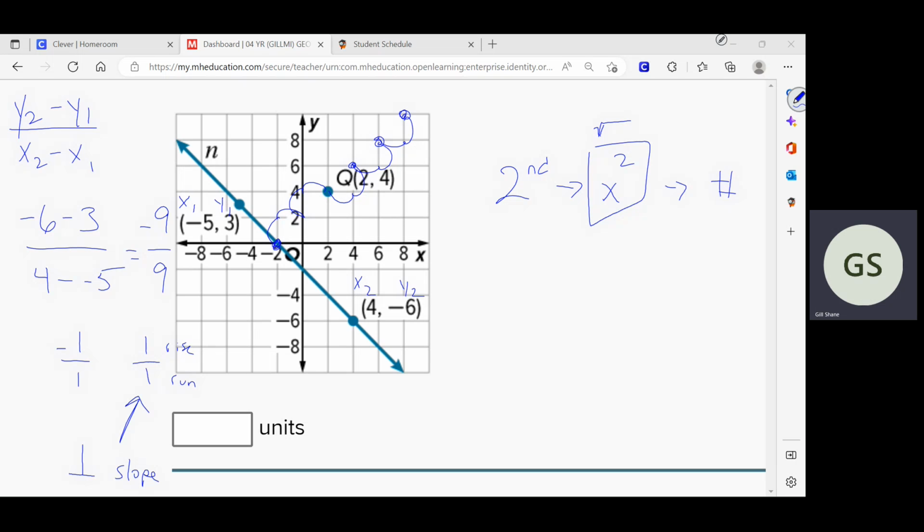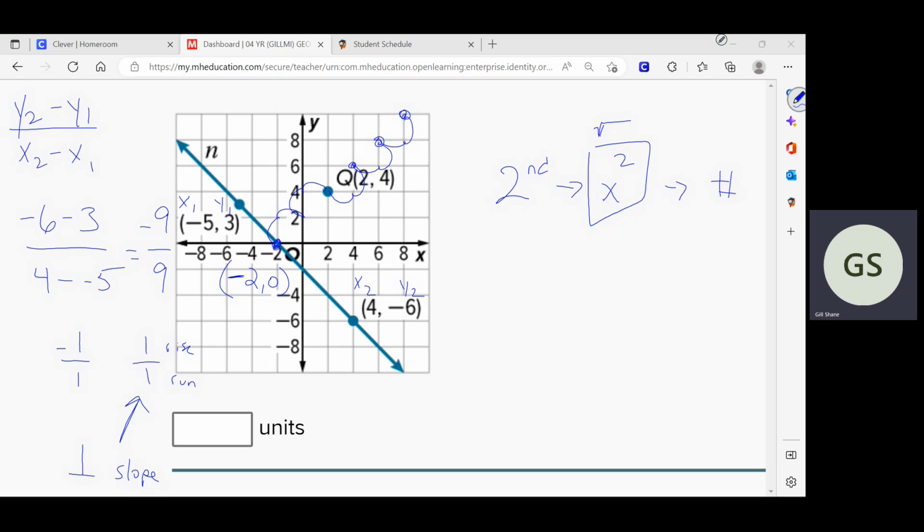We do that, we land exactly on that spot that I was talking about before that looked like it was probably the correct spot. That is the point on this line that will create a perpendicular line. That -2, 0. So -2, 0 creates a perpendicular line with this point 2, 4, the point Q.